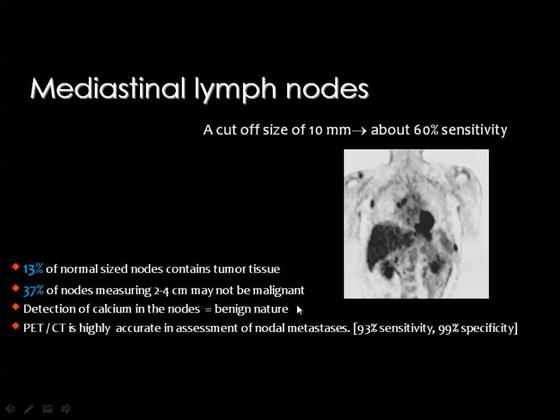Then detection of calcium by CT in the lymph nodes is indicative of benign nature or inflammatory etiology, while the PET CT is now considered the most sensitive technique for assessment of lymph node involvement by bronchogenic carcinoma.